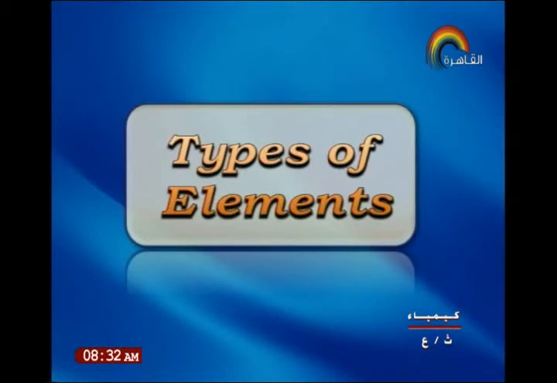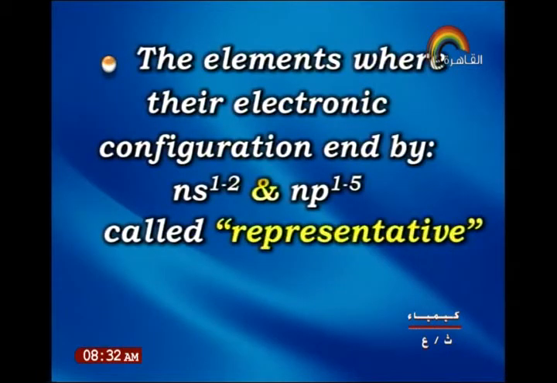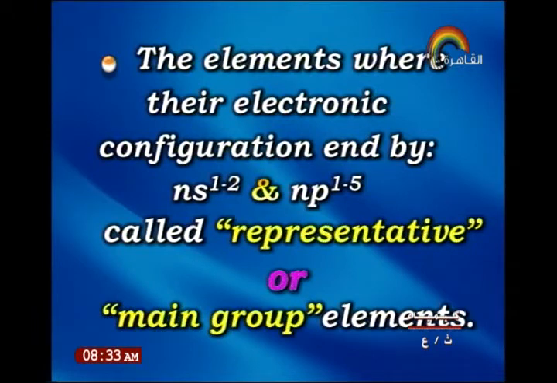Now, my dear students, we are going to discuss the types of elements. The elements whose electronic configuration ends by ns with 1 or 2 electrons in the S sublevel, and np where the P sublevel takes from 1 electron till 5 electrons, we call representative elements or main group elements.